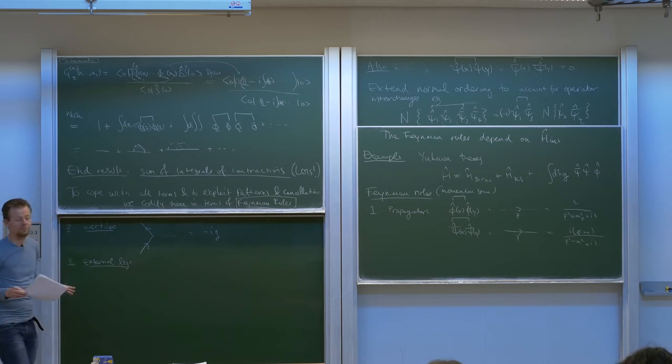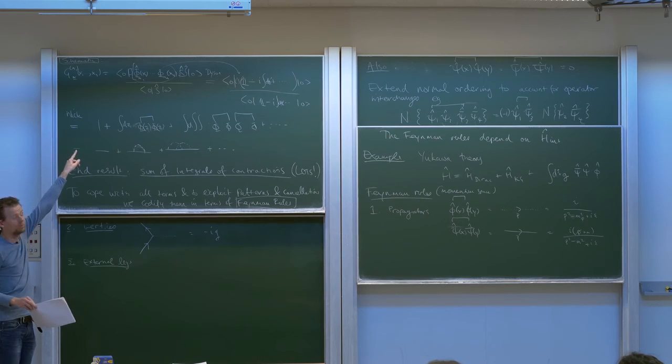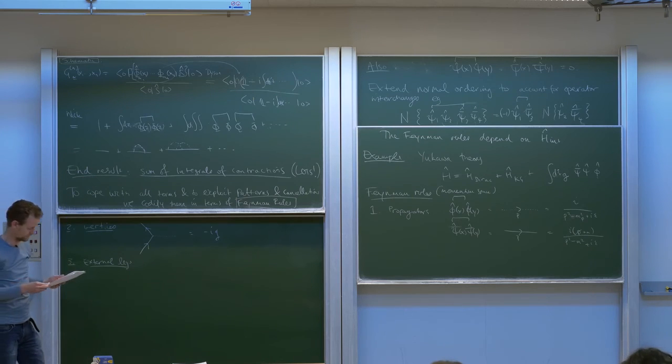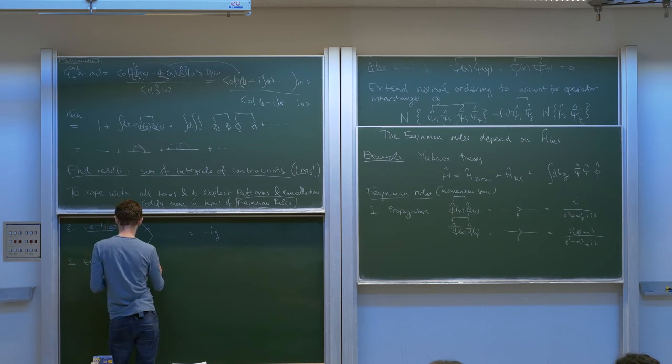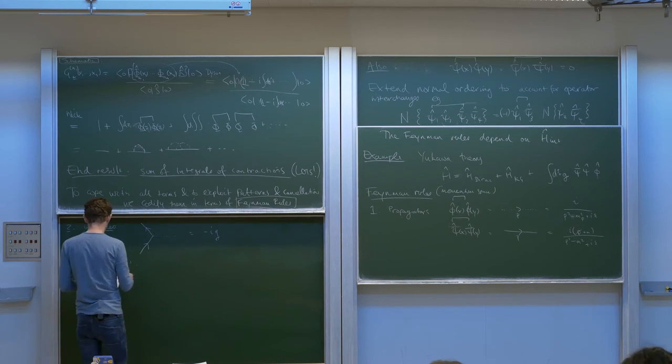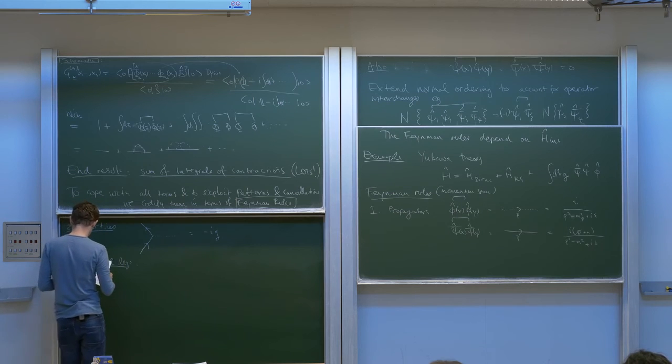We also have the possibility of external legs. External legs come from the presence of field operators in the Green function up there. And there's 6 of them that we have to worry about.